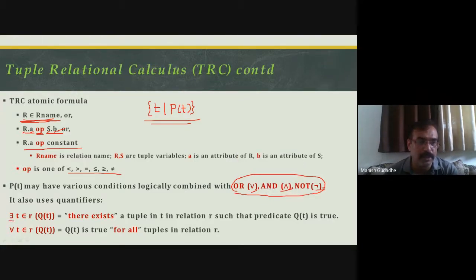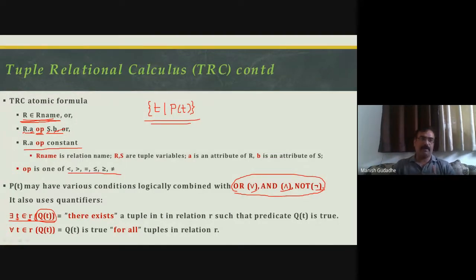You can see this expression: there exists T which belongs to, or is present in, relation R, where predicate Q is true. It is read this way: there exists a tuple T in relation R such that predicate Q(t) is true.